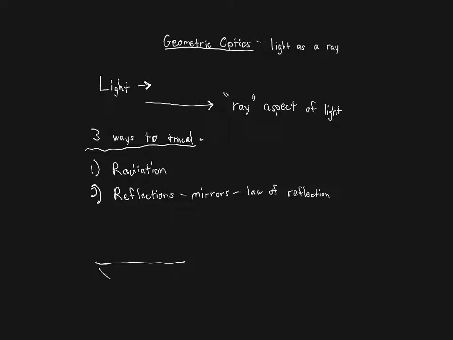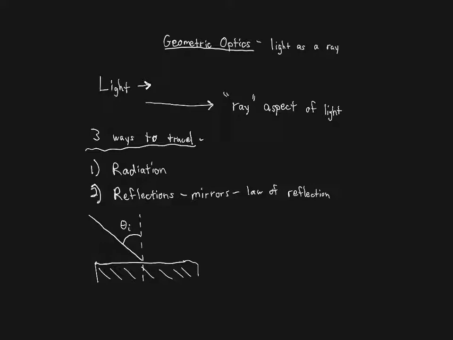We're going to use these little jaggedy hash lines to represent the mirror itself. And I can have some light that comes in. So I'm going to draw a perpendicular line. That's going to be my dotted line. And I have a light ray that comes in at some angle relative to that perpendicular. We'll call that theta with the subscript I, the incident angle.